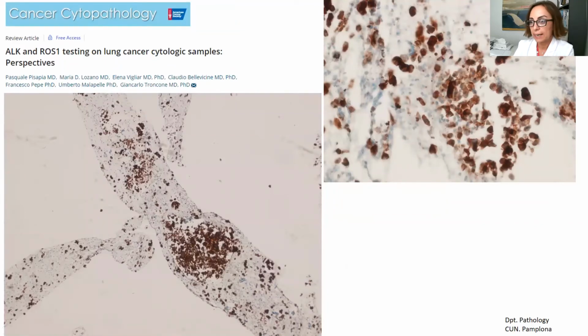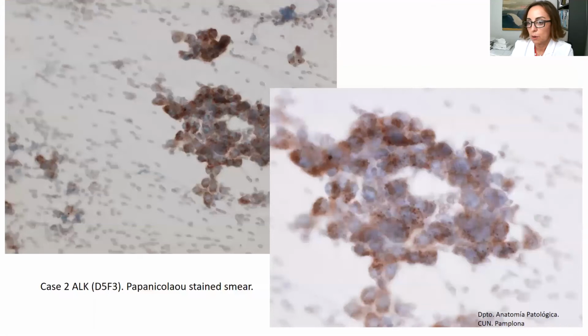I chose ALK because it's a very, very useful antibody in non-small cell lung cancer. Here, these are all cell blocks. And these are smears. If you want to perform on smears, we have to do thousands of FISH to confirm that your intensity on this smear is a real positive.